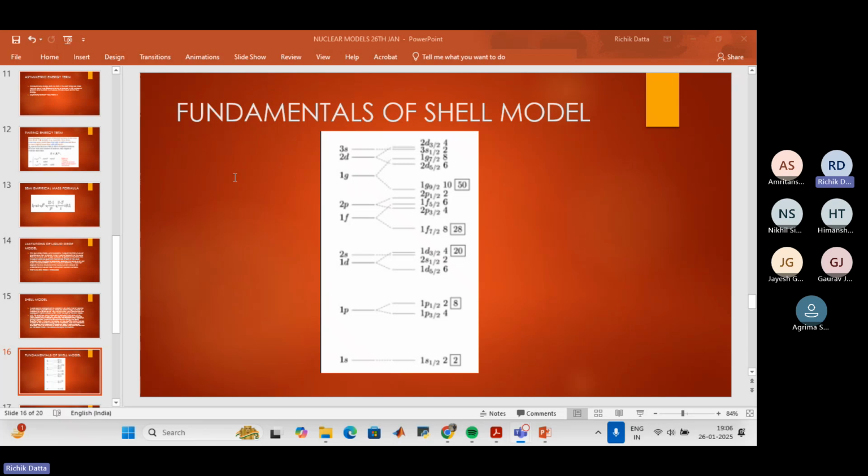In the binding energy liquid drop model, this is basically V equal to V(r). But in the shell model there is one interaction which corrects the liquid drop model. That's why the shell model is introduced.